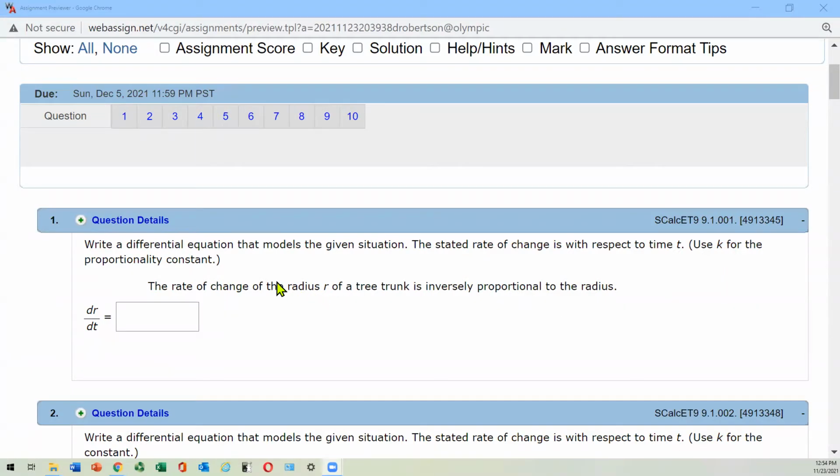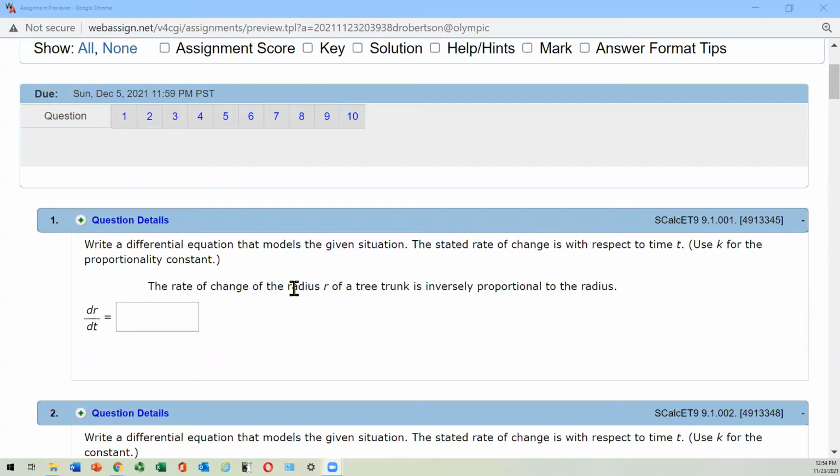So we're being asked to write a differential equation that models the given situation, stating the rate of change with respect to time. Use K for the proportionality constant. So if they don't tell you that it varies by 0.1, they just say it varies according to the value of the population, then you replace the unknown with a K.